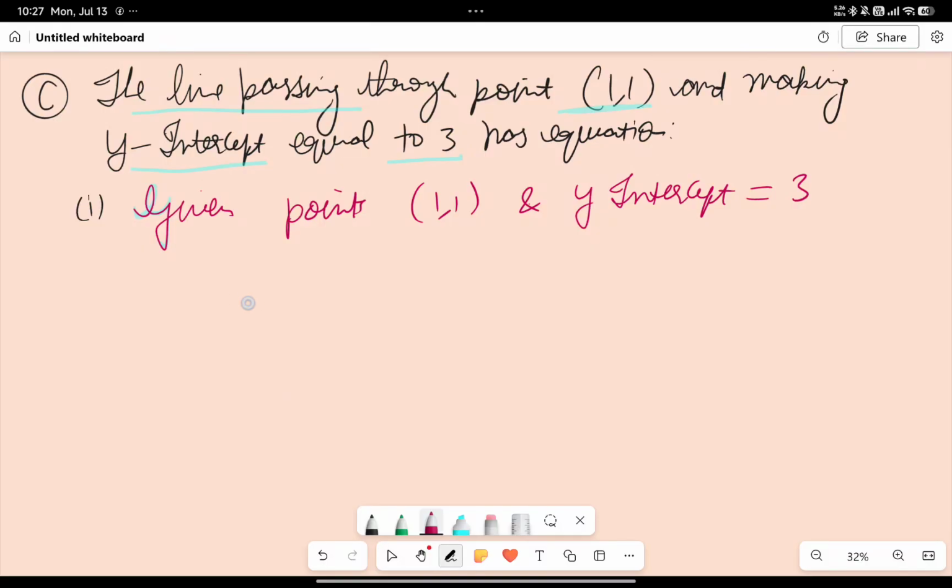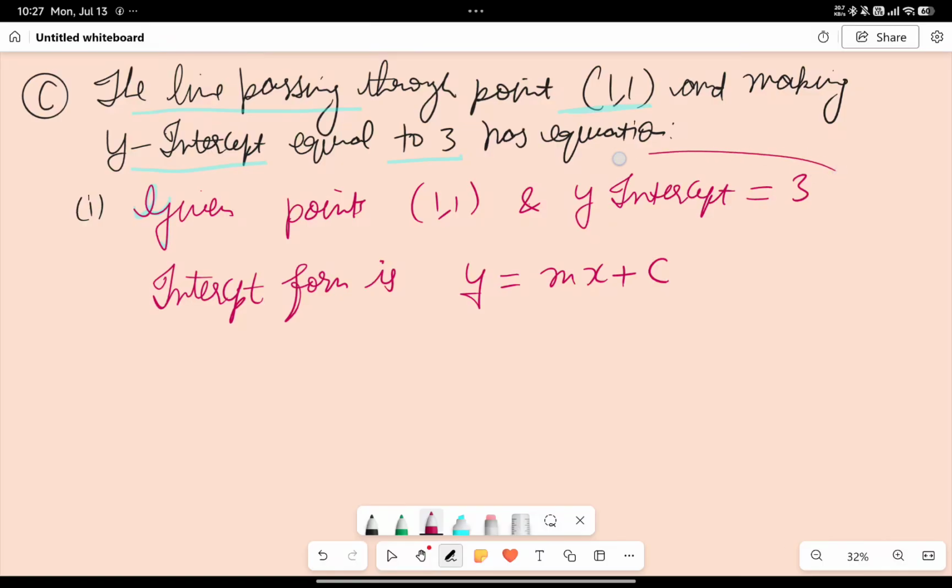You know the intercept form is y equal to mx plus c. Now here, the y-intercept is nothing but c.